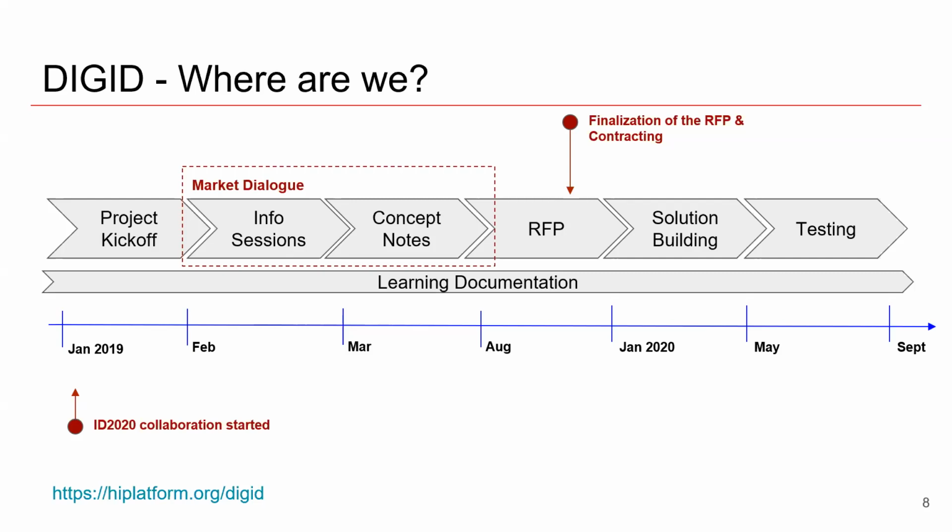That was something we could use ID 2020 for as an external third party, not being a vendor, but just shaping the conversation around good identity.